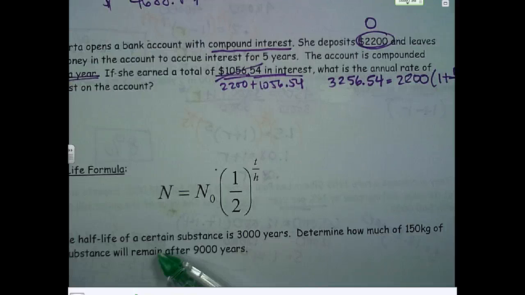We don't know the rate. It's asking what annual interest rate. We're looking for r. So under it goes the number of times that the rate is compounded per year.